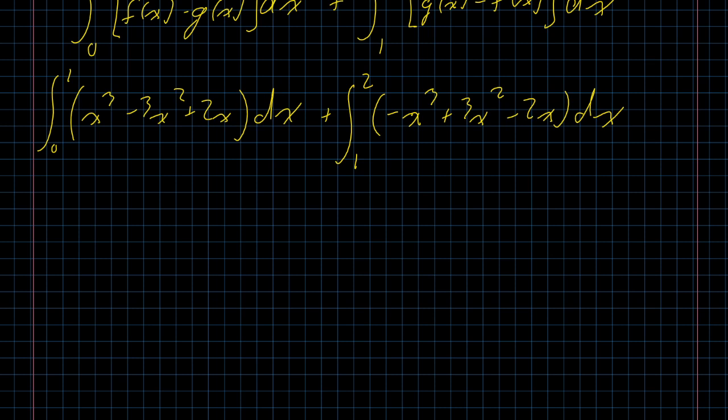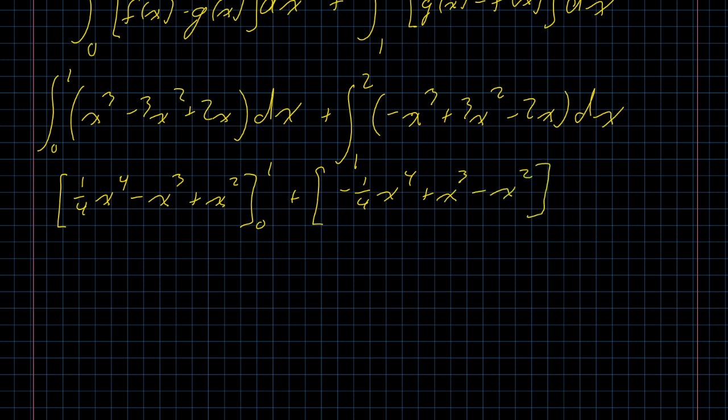All right, so integral of x cubed is 1/4 x to the 4th. Integral of 3x squared is x cubed. Integral of 2x is x squared. The second term, we have the same things, they're just in different orders.